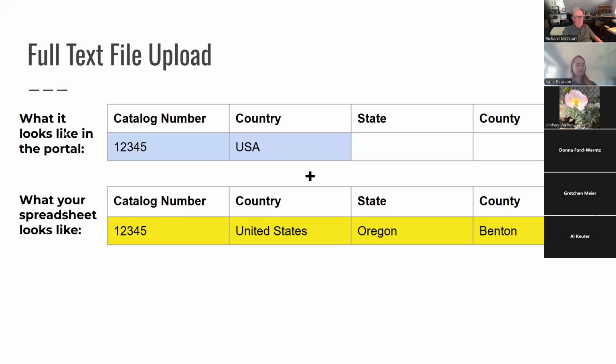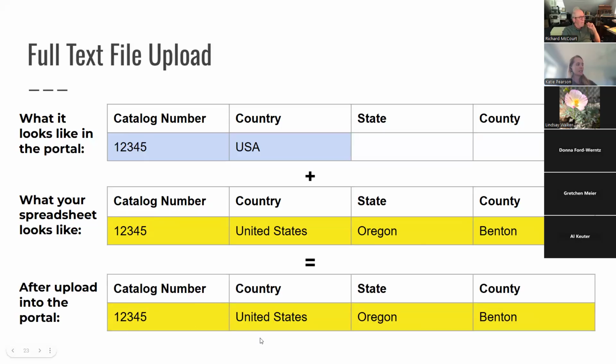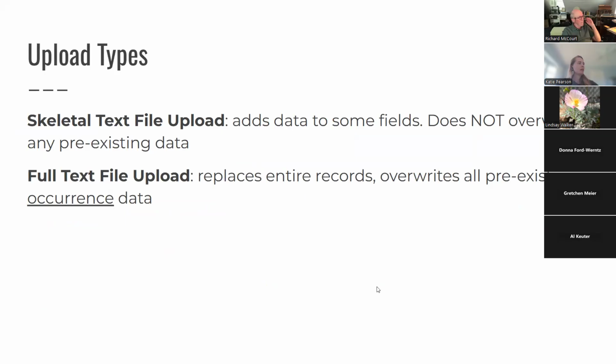This is similar to our second example for our skeletal file upload, in that if you do want to overwrite everything, that's great. If you add this record to this catalog number using a full text file upload, it's going to completely overwrite the previous data you had. So if you were trying to replace your USAs with United States, no problem. Full text file upload will do that.